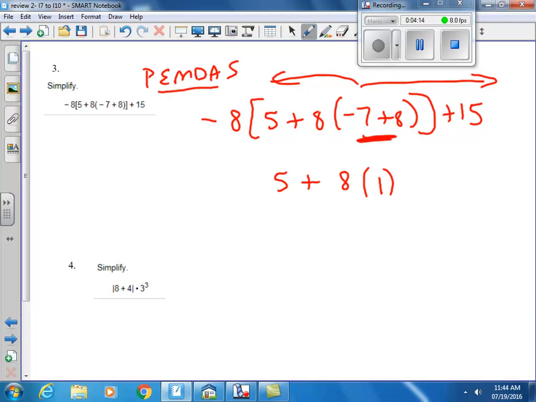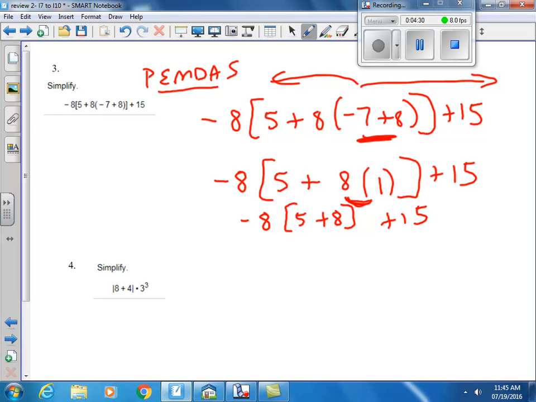And then forcing myself to record every little thing. Now multiplication dominates, so 8 times 1 is 8. And then recording. And then 5 still inside those brackets, which are like parentheses, cleaning in there first.